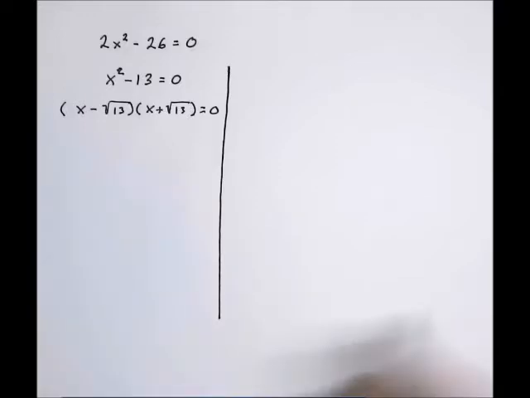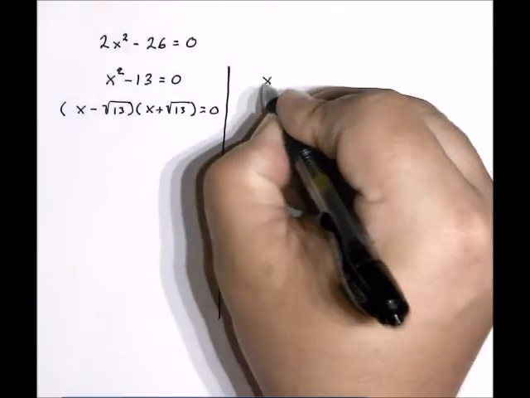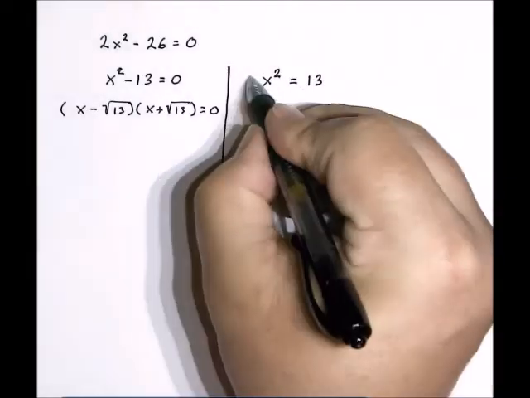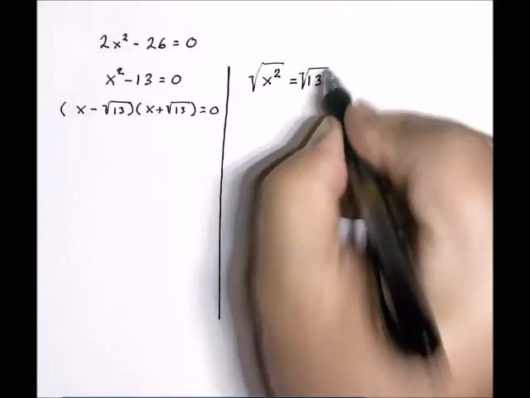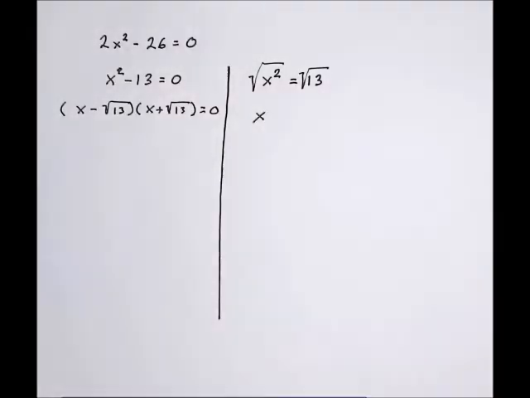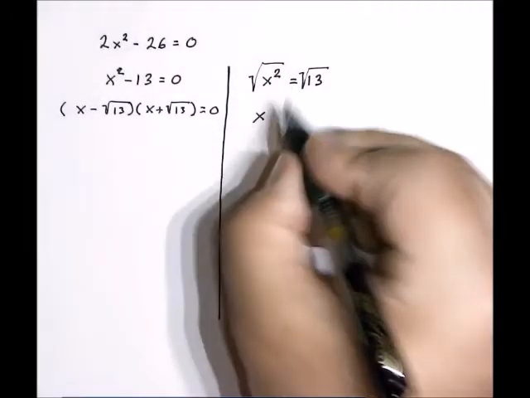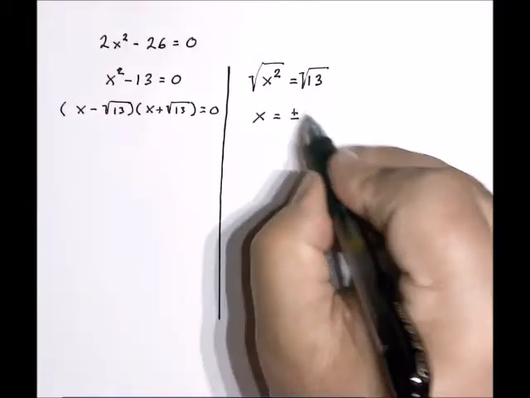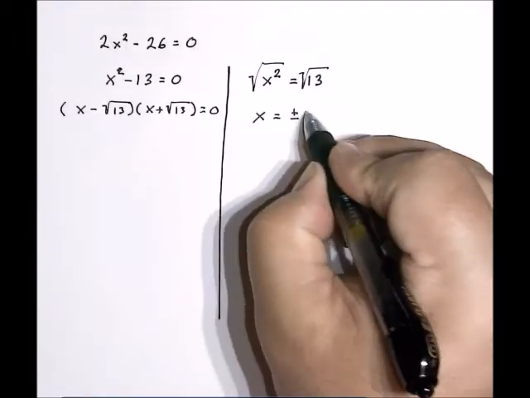The other way I can do this is to move the 13 over and take the square root of each side, which gets rid of the square on the x, but whenever I do that and remove a square using a radical, this side breaks into two parts, a positive part and the negative part.